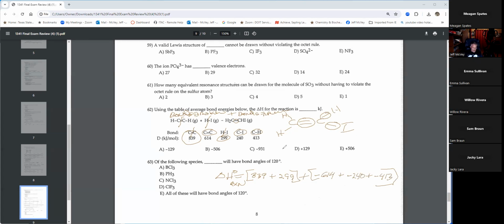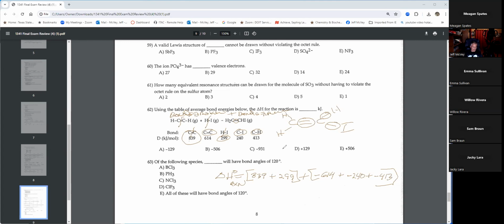So here we go. We add it all up. So I'm going to say 839 plus 299. And then I'm going to add to that, and I'm going to use parentheses because I don't trust myself with the negatives. A negative 614 plus a negative 240 plus a negative 413.